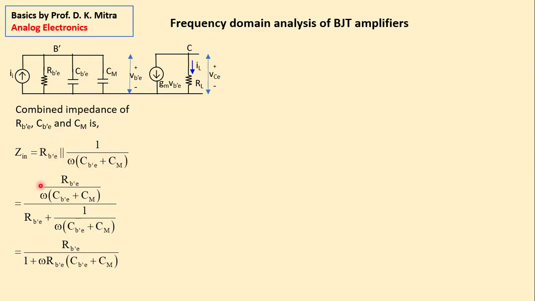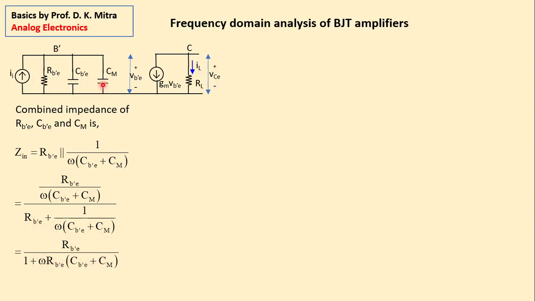So the parallel combination is R_B'E multiplied by this factor divided by R_B'E plus the same factor. And if both numerator and denominator are multiplied by omega within bracket C_B'E plus C_M, then in the numerator you are left with only R_B'E, and the denominator is 1 plus omega R_B'E (C_B'E plus C_M).